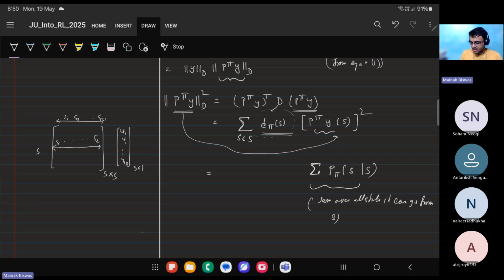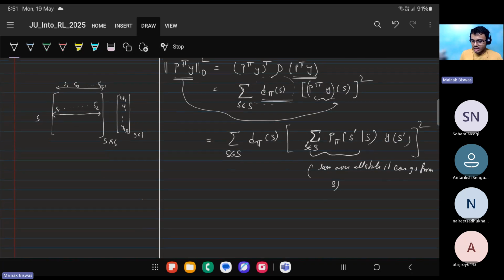Okay, so this is sum over s dash of P(s dash | s) times y of s dash, the whole square of this. So now, if you've understood this, the more important thing is to figure out one thing over here.